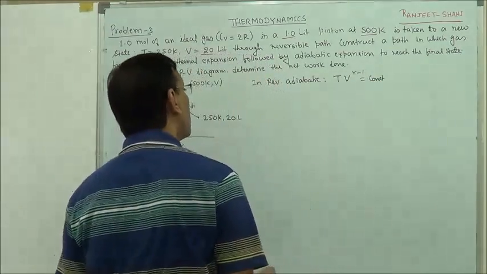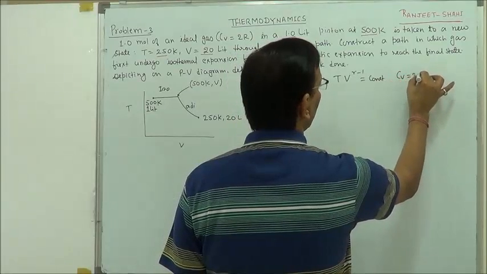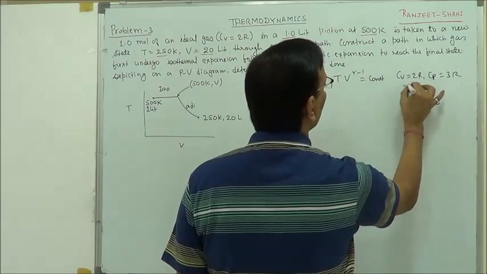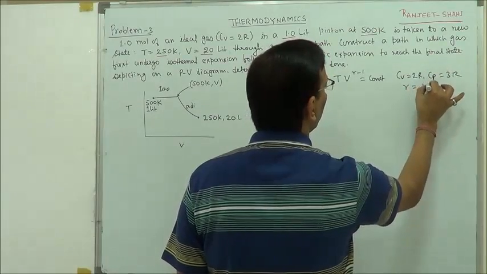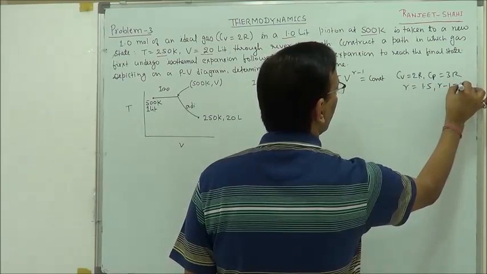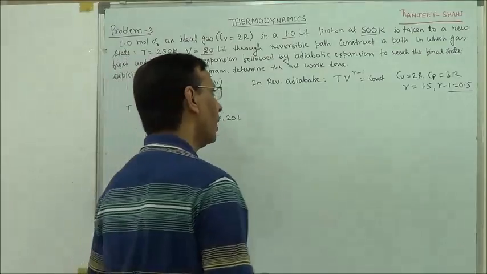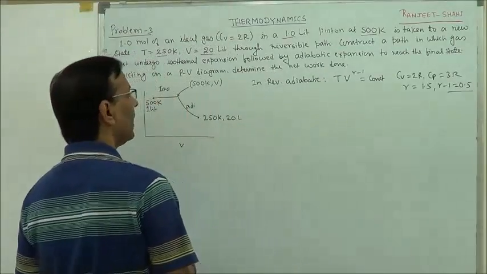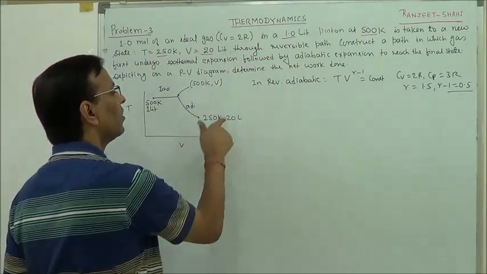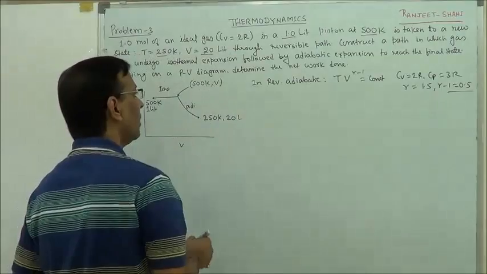Now CV is 2R, so CP will be 3R, so gamma will be 3 by 2, 1.5. So gamma minus 1 will be 0.5 or 1 by 2. So let us apply T1 V1 raised to the power gamma minus 1 is equal to T2 V2 raised to the power gamma minus 1.